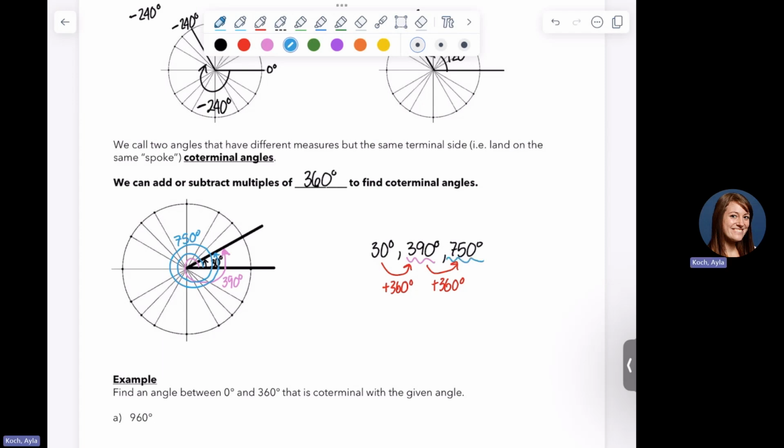And this goes in the reverse direction as well. If you go from 750 and you subtract 360, you're going to have that same initial side and terminal side. You can even subtract 360 from 30 degrees to get negative 330 degrees.